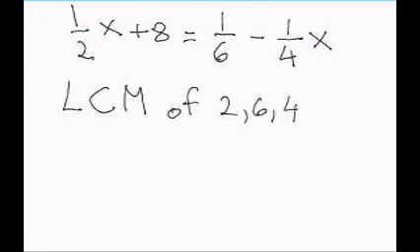Basically what we're looking for is the number that is a multiple of 2, 6, and 4, and the smallest of such numbers, and that number actually turns out to be 12.